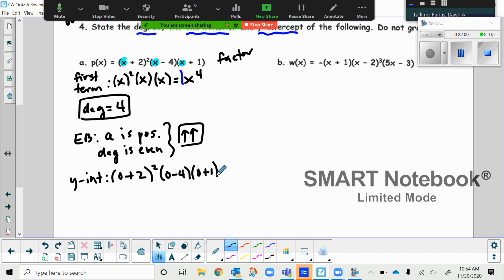And then we just do our order of operations. Okay, we simplify inside all the parentheses. Basically, we're just multiplying the last terms. So for the first term, we multiplied all the first terms. Now we're multiplying all the last terms. But we're being careful about the exponents, so we don't leave them out because it will change our answer.